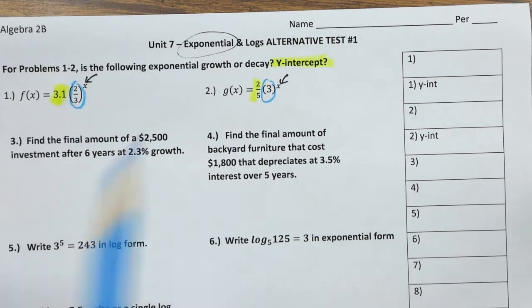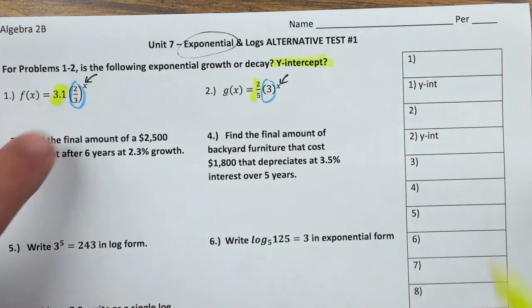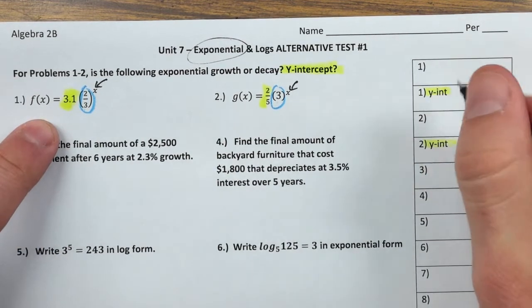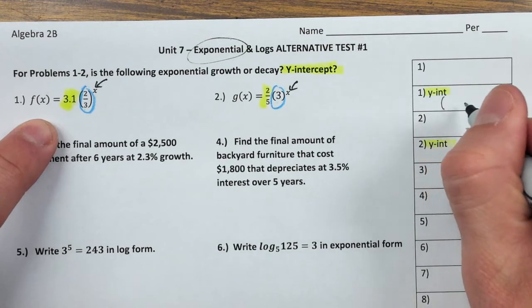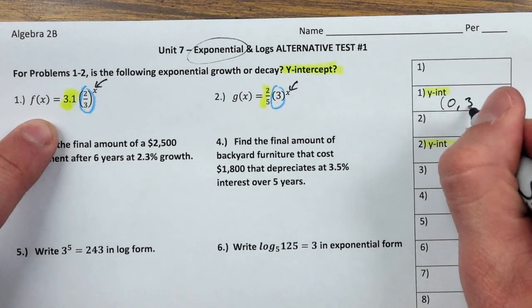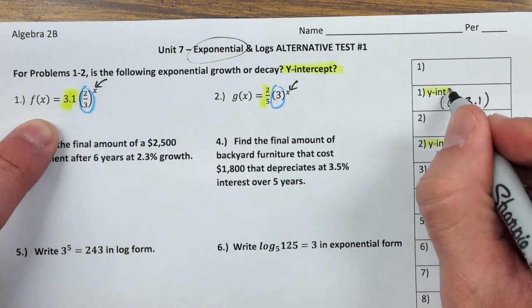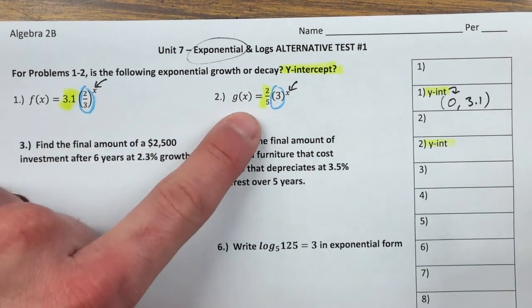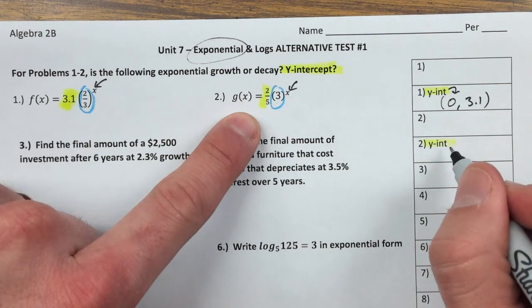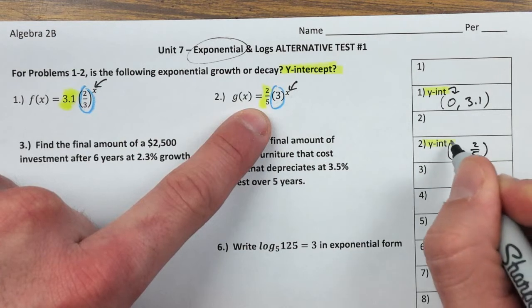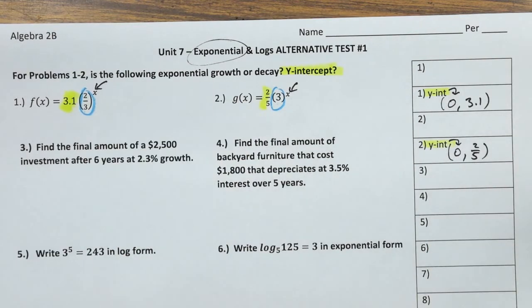Because those have the exponents, that makes the other number the y-intercept. So the y-intercept for problem number 1 is going to be x is 0, y is 3.1. Remember, function catalogs, y-intercept, x always has to be 0. And then the y-intercept for the second one is x is 0, y is the fraction 2/5, because for y-intercepts x is always 0. So that's the y-intercept part.